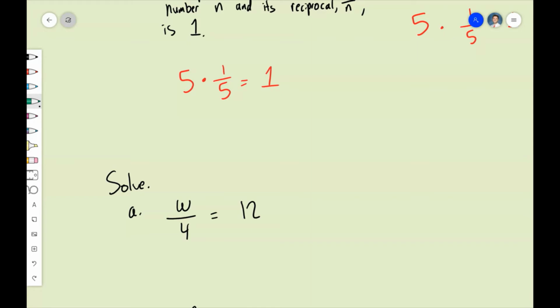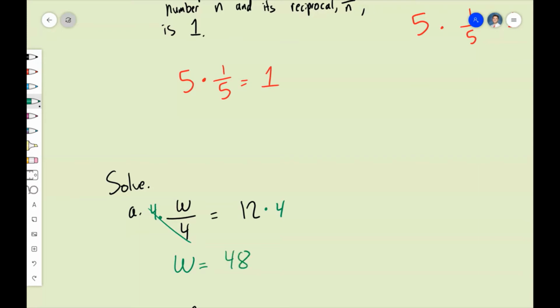In this case, we want to multiply both sides by 4, because right now we have w divided by 4 equals 12. Again, we always have to do the same thing to both sides. So we multiply both sides by 4, and that leaves us with w equals 12 times 4, which is 48.